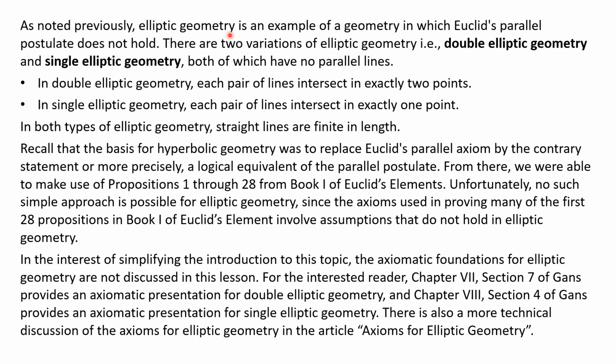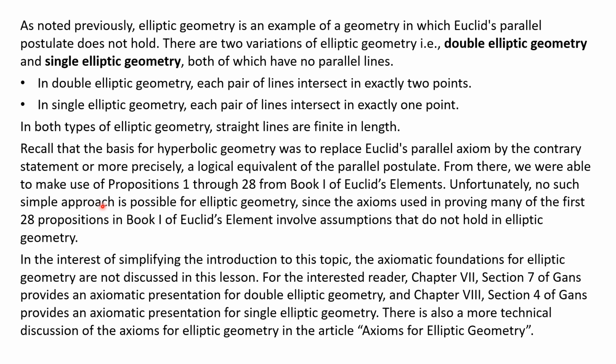There's a complication here beyond what we have in hyperbolic geometry. If you recall in the lectures on hyperbolic geometry, we negated the parallel postulate, and we were able to make use of propositions 1 to 28 from Book 1 of Euclid's Elements, as well as some other propositions from Euclid's Elements that did not depend on the parallel postulate.